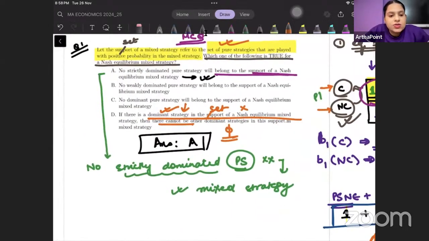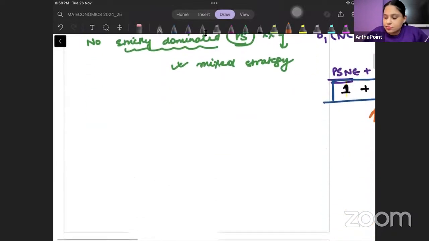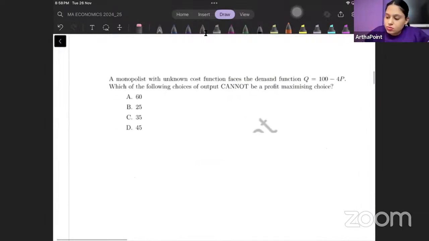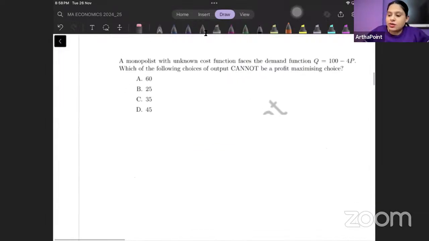Any other doubt in this? Okay, let's move on to the next question. Open up your mind. Try to think as much as you can. Try to do question number 2 now, based on monopoly.